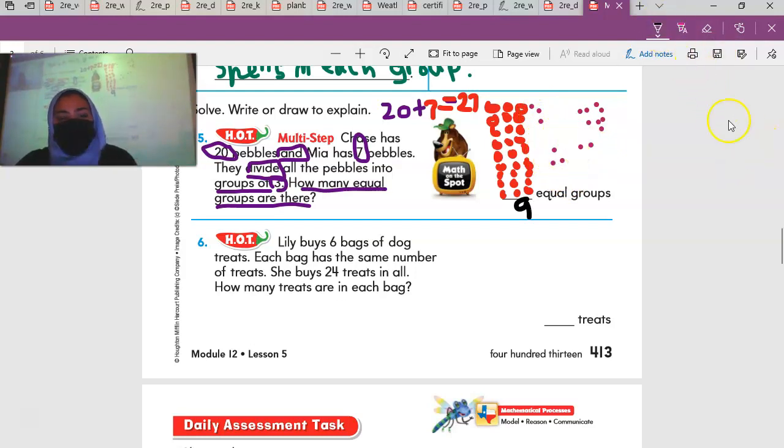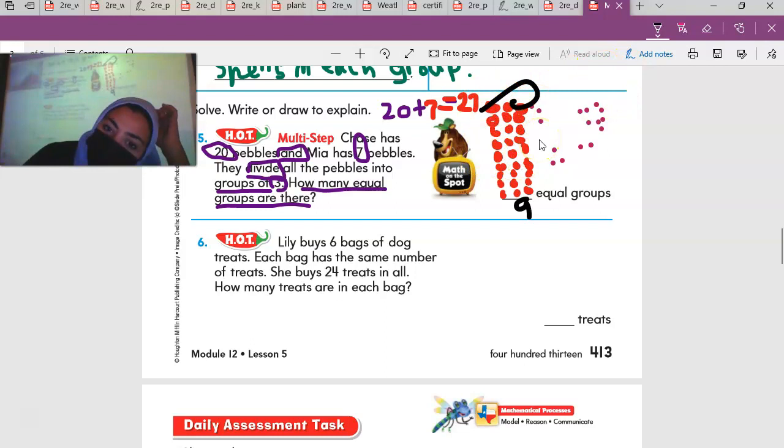Anyway, so there are 9 equal groups. This is called an array. When you draw something like this, it's kind of like what we do on our morning work where it has them in rows and columns. That's called an array. All right, let's keep going.